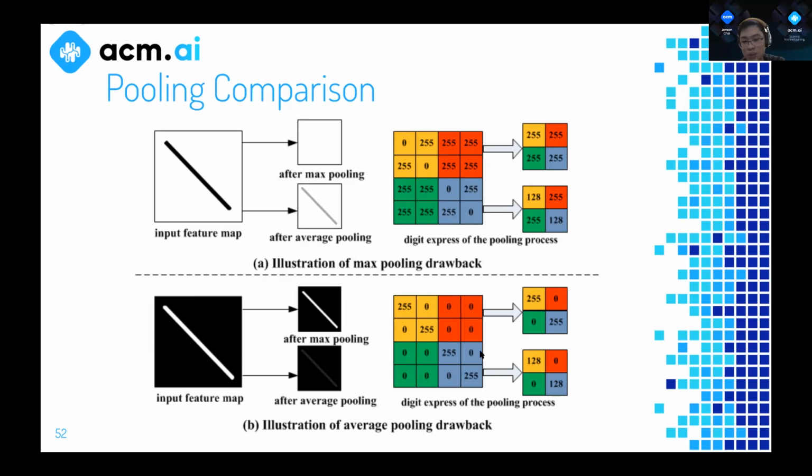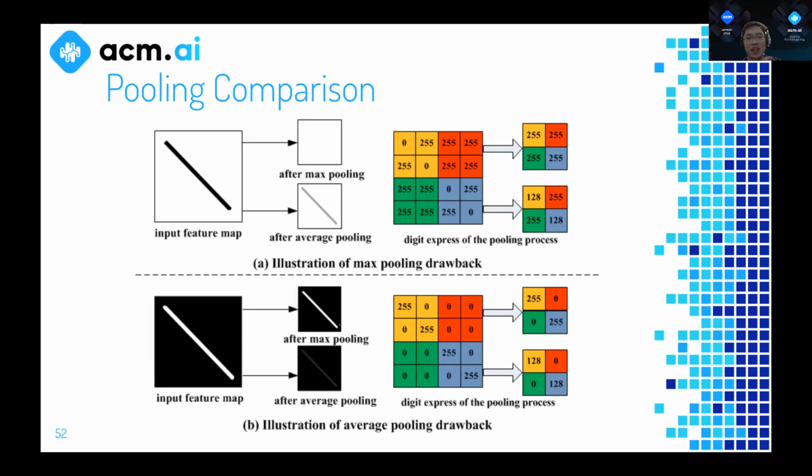But when you do average pooling, we only get a 128 from this top left corner. So average pooling dilutes your feature map, and this could have unintended consequences, like maybe this feature would not play as big of a role when it comes to determining what the output of your model should be.